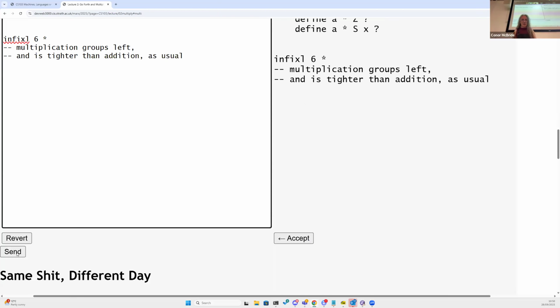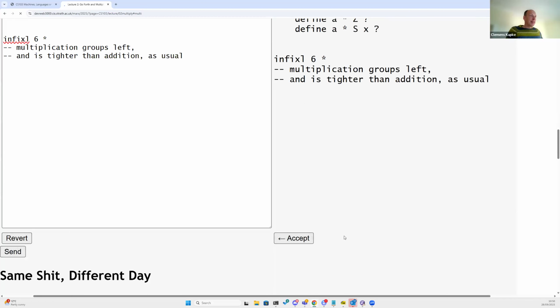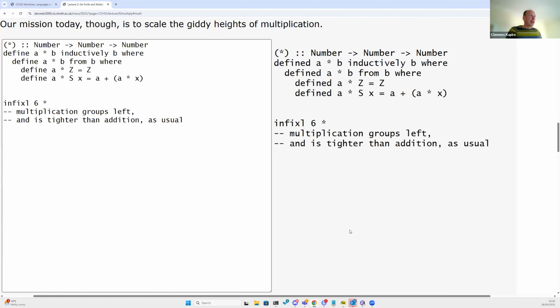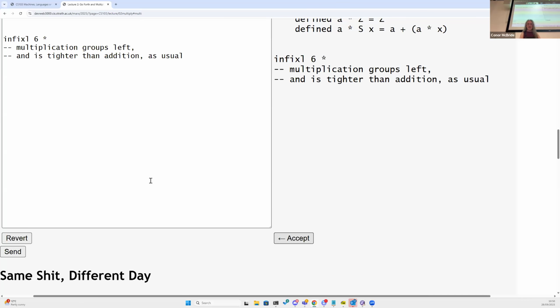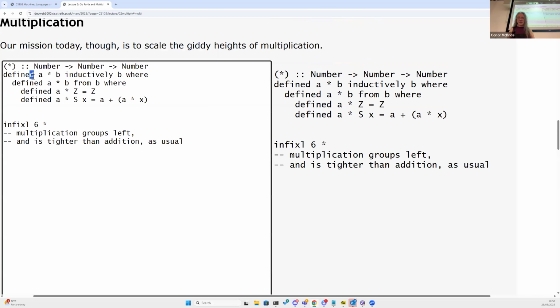Right. So we've got addition. Is it defined yet? It's about to be defined. Yes, it's defined. Okay, I think we should do a test. So you can use the test command.